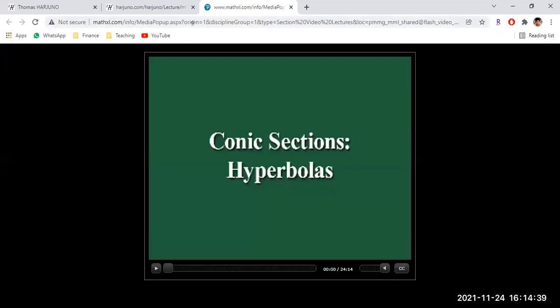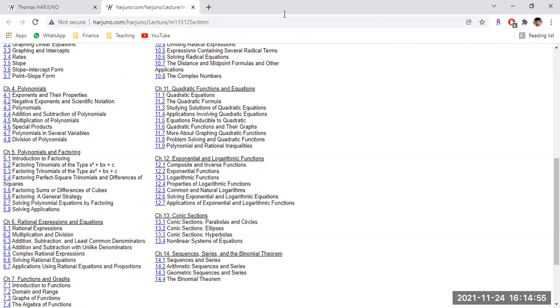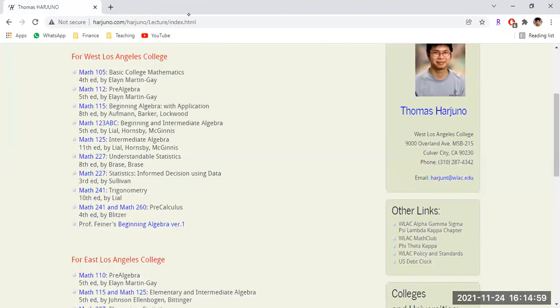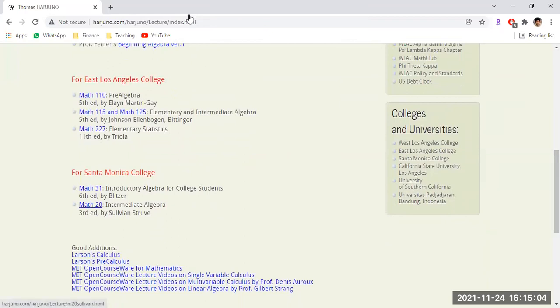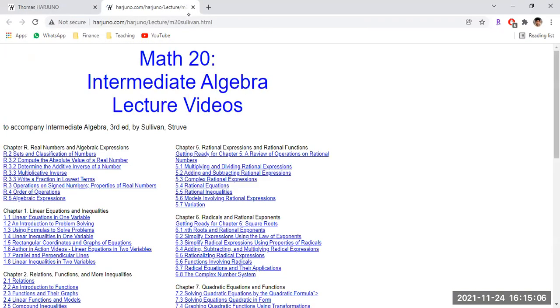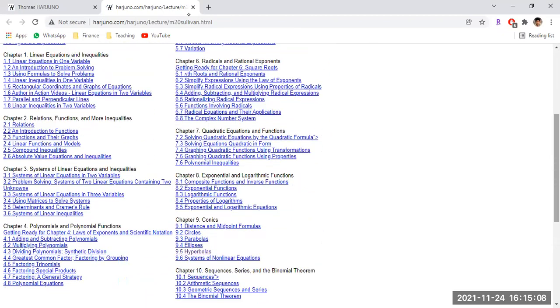But even in that case, they give you how to sketch your hyperbola right away without going into too much detail. So you can use this to do your exercises later on. Or you can also go further down to intermediate algebra by Santa Monica. In the past, we used this textbook. You can watch these videos here.